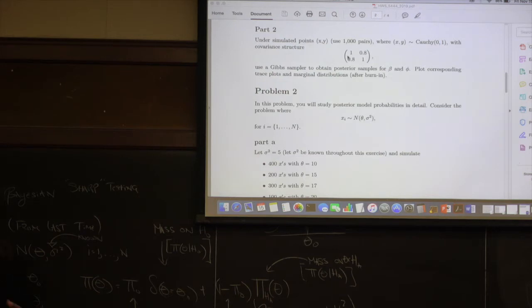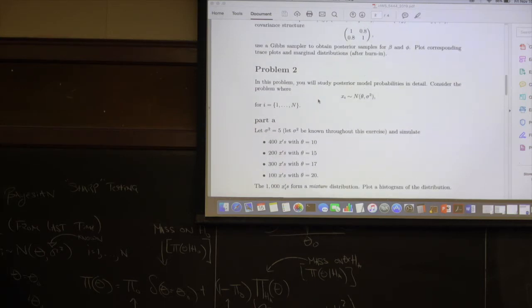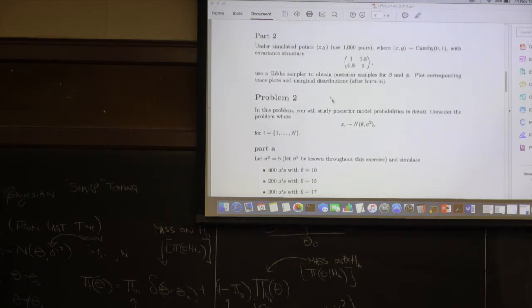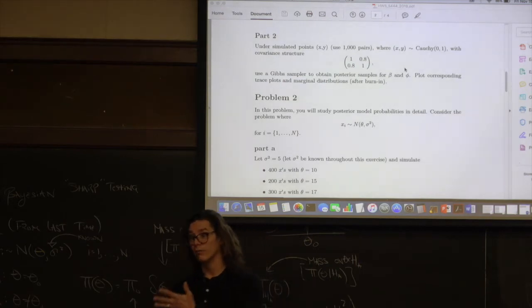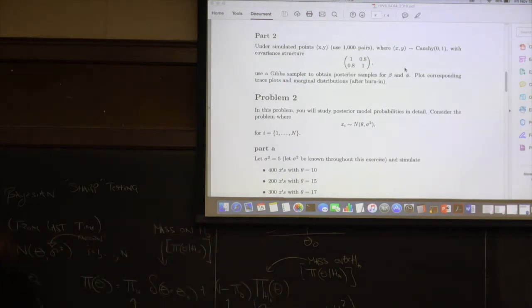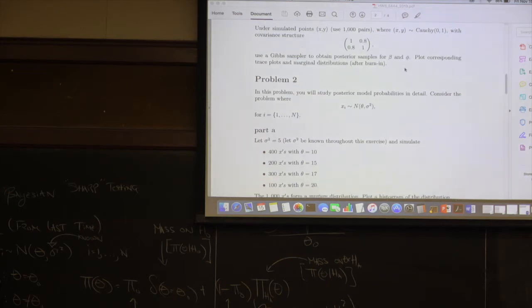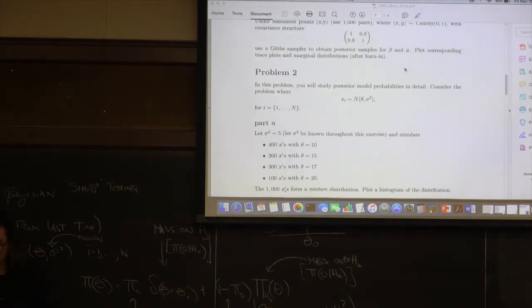This isn't correlation structure, but it's like that scale matrix. And then I want you to implement the Gibbs sampler for inferring beta and phi. You will have to infer all the gammas as well, but I don't really want to see all of those. And I want you to demonstrate that this thing works. So that's it. Basically just implement what you wrote down last time.